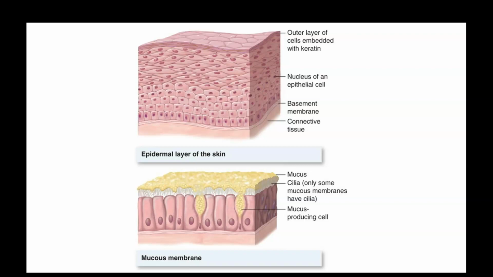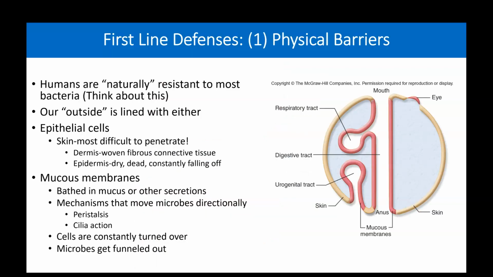We want all that mucus to move those bacteria away from our lungs and into our esophagus so that we can swallow it and it ends up in our stomach where the bacteria will be killed. In other words, our mucous membrane has systems for funneling those microbes out. And then don't forget that, of course, our cells are constantly turned over in our mucous membranes as well.